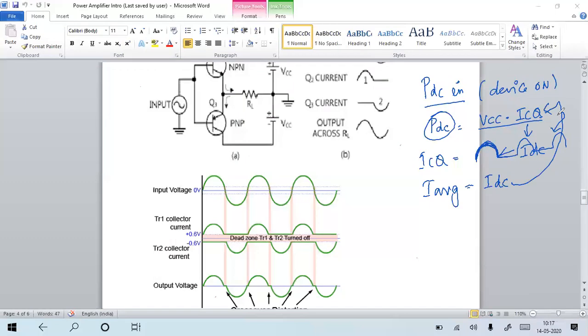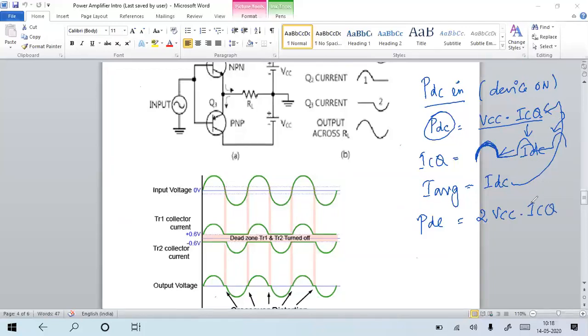When the positive cycle comes, the device will be on. In the PNP transistor, when the negative cycle comes, the device will be on. But two transistors are there, so now your PDC based on two supplies is 2 into VCC into ICQ. Both are sinusoidal in nature.